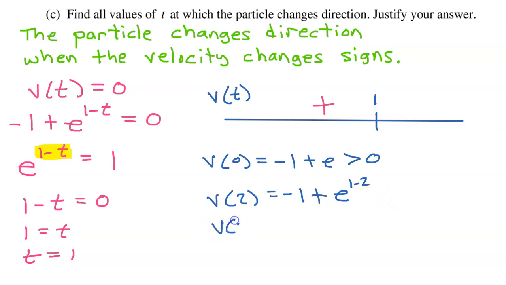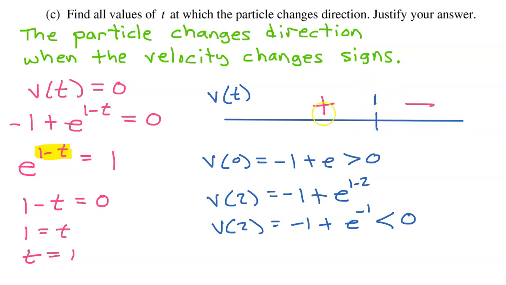So v at 2 is equal to -1 plus e to the -1 power, and e to the -1 power is 1 over e, which would definitely be something between 0 and 1. So the net result would be negative.